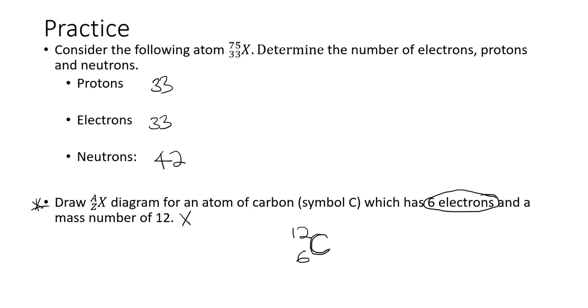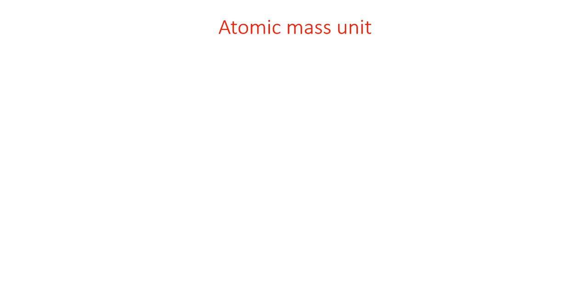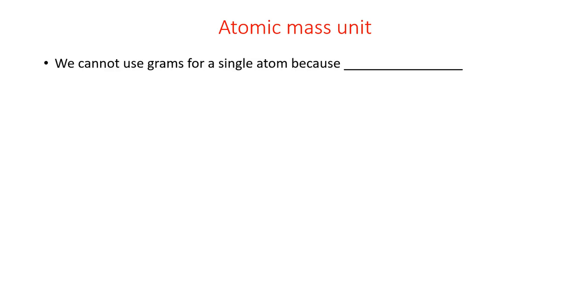So let's just look at something. Now, in the previous slide, we talked about atomic mass unit. So what is this atomic mass unit? The issue is, we would love to use grams to measure the mass of a single atom.